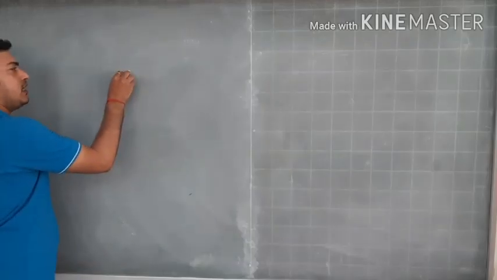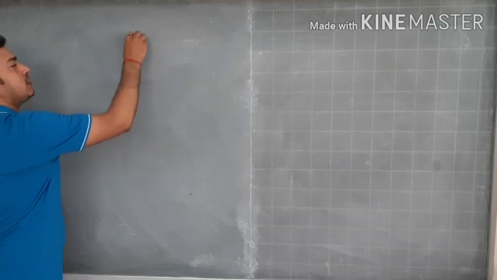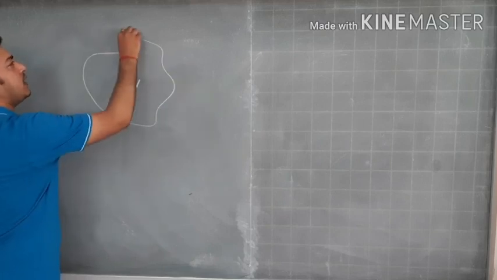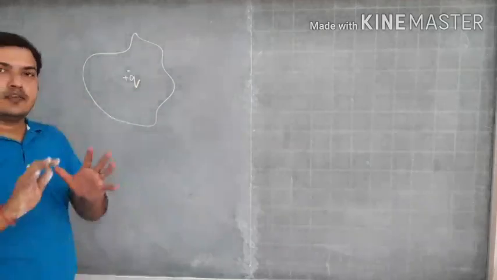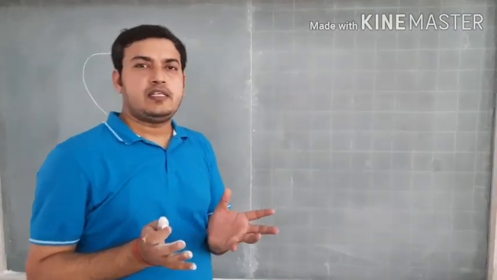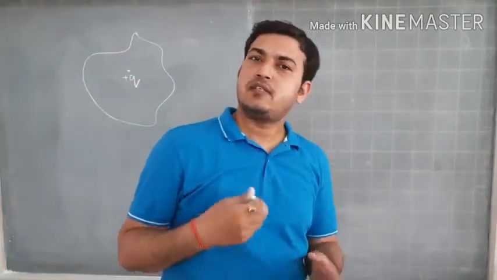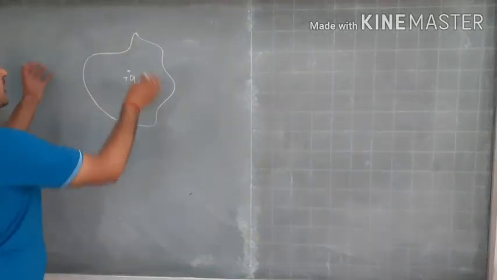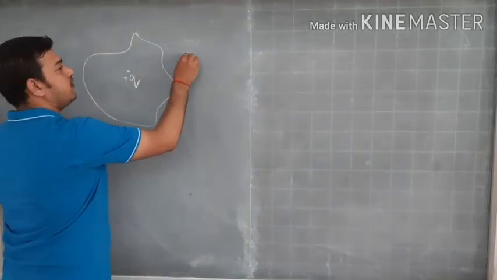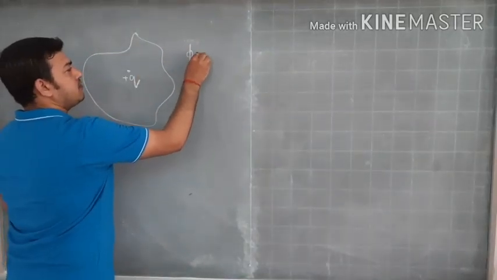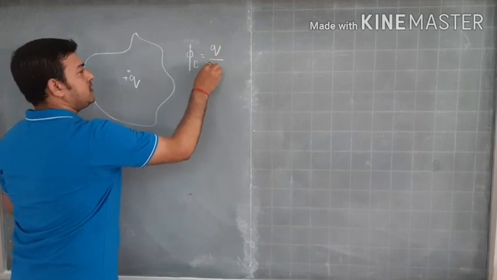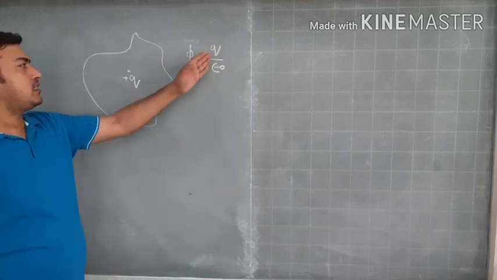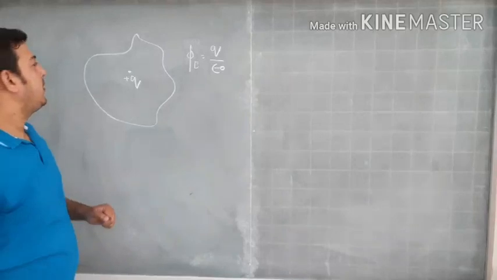If I take a charge and the surface that encloses the charge is not symmetrical, not a spherical or cylindrical shape, but some kind of random shape, in that case also the Gauss theorem is applicable. That means the flux will be q divided by epsilon naught.